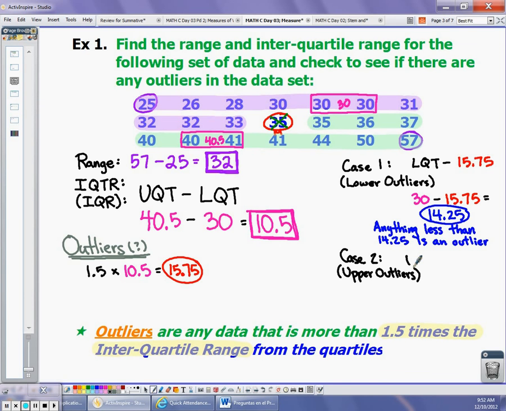In this case, we're going to take our upper quartile, and instead of subtracting, we're going to add 15.75, the same number that we found over here. And if I go back to what we found for our upper quartile, that was 40.5. So I'm going to take 40.5 and add 15.75.